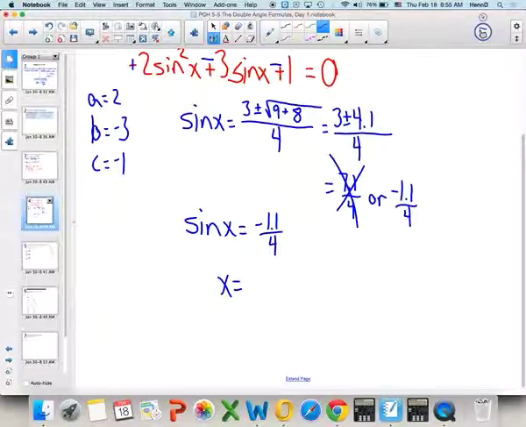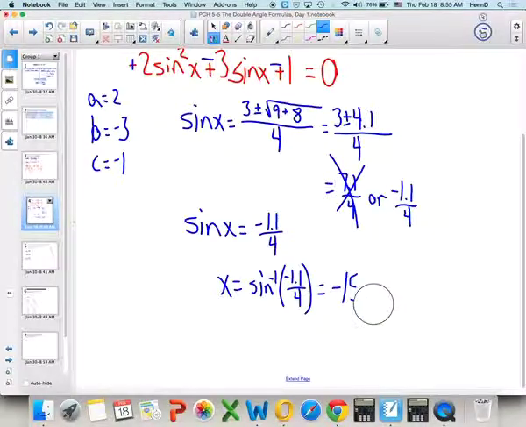The inverse sine of -1.1 over 4. Negative 15.96, so it's like 16. And then do we want to convert that, like adding 360?